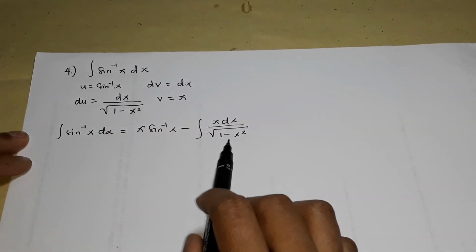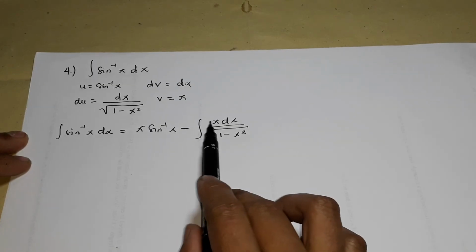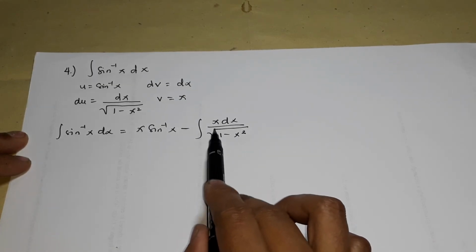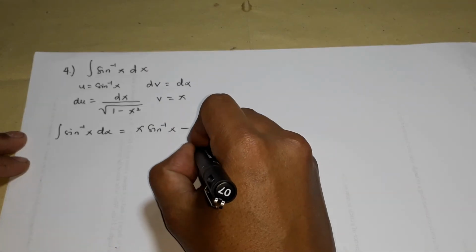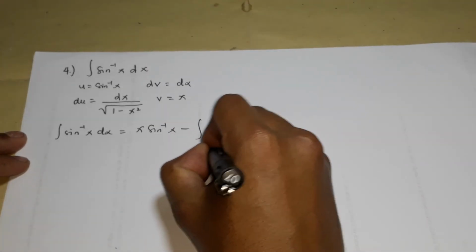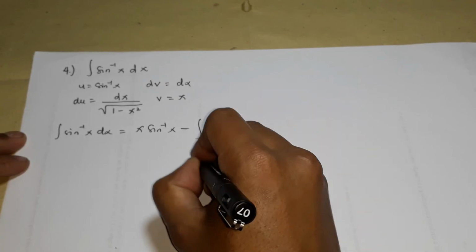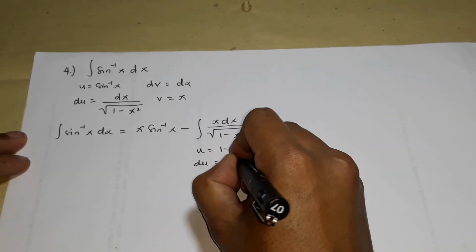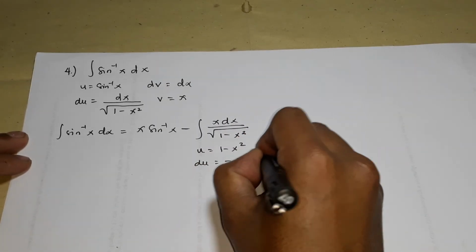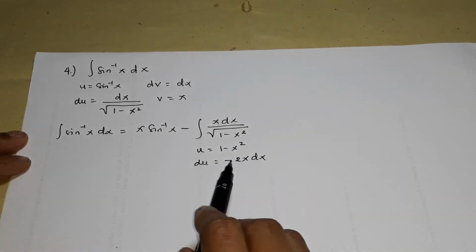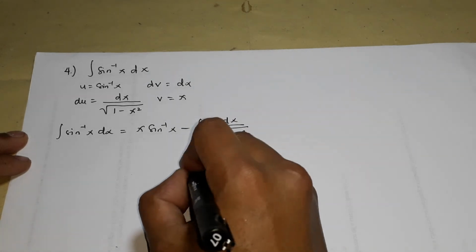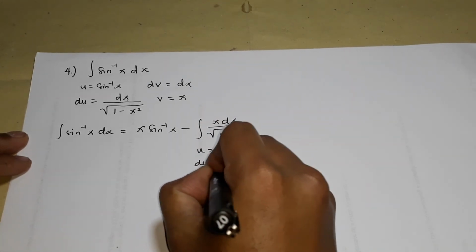As you can notice, this is an integral of that form. So from here, you can now let u equal 1 minus x squared, and you will notice that the derivative of u is negative 2x dx, and in the numerator you only have x dx, so you need to remove this negative 2 by multiplying each term by negative 1/2.